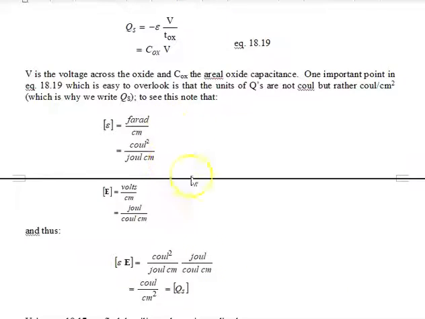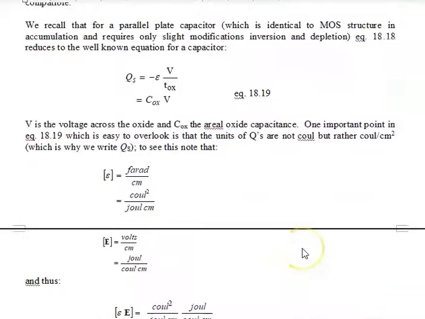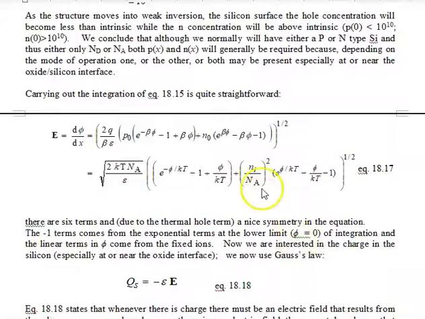And I just have a little short blurb which proves that. And we get that surface charge is not in coulombs, but in coulombs per square centimeter. And I put all that stuff into this equation 817.